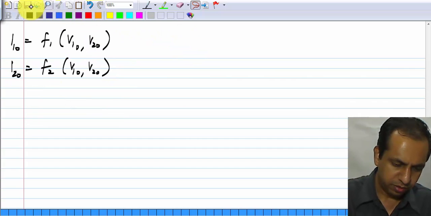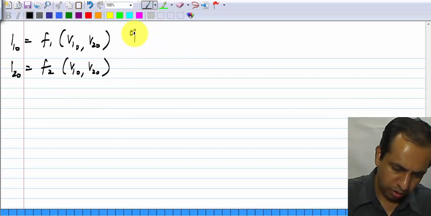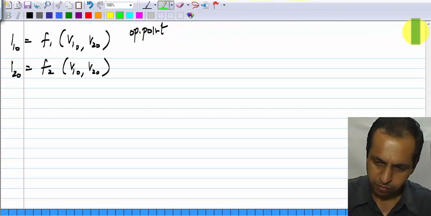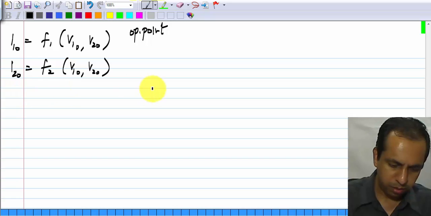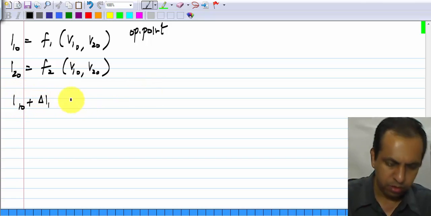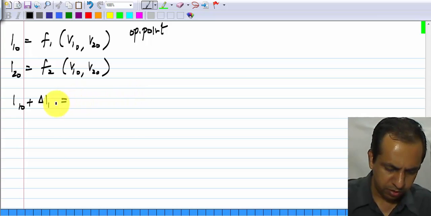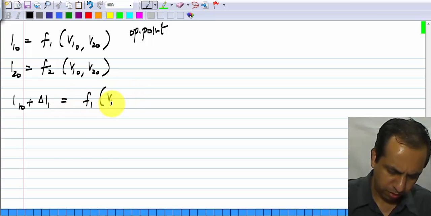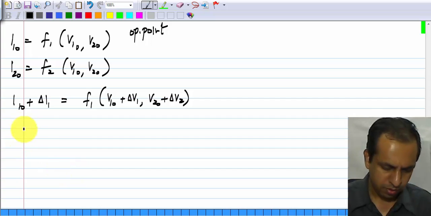So, we have the operating point conditions here, and we will have conditions with the increments.